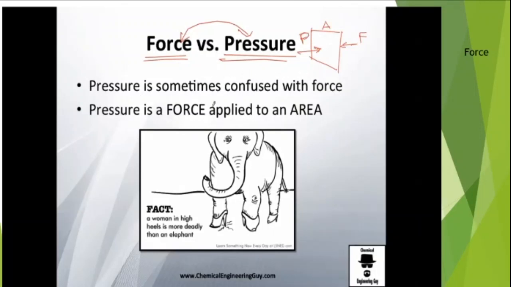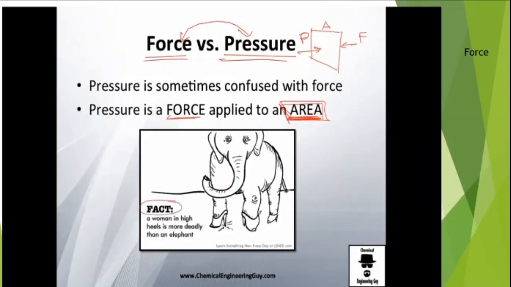Pressure is essentially a force applied to an area. Very important, area is the key concept here. You may have a lot of force and a lot of area. You may have little force and little area. You may have high force, low area, and you may have low force and high area. Actually, there's a very important fact.